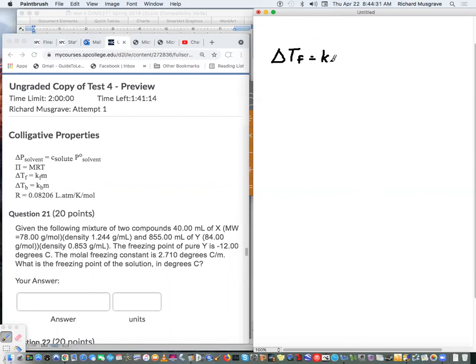You are given the value of KF, the molal freezing constant, down here. And then you're asked to find the freezing point of the solution. So you do need to find the delta TF because you are given the pure freezing point here as well. So that's helpful. All right, does anybody have any questions so far?